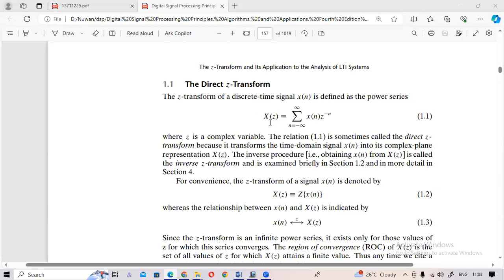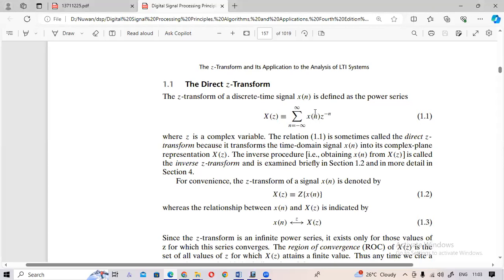So we use the Z transform to convert a discrete time signal into a complex domain signal. This Z will be a complex variable.